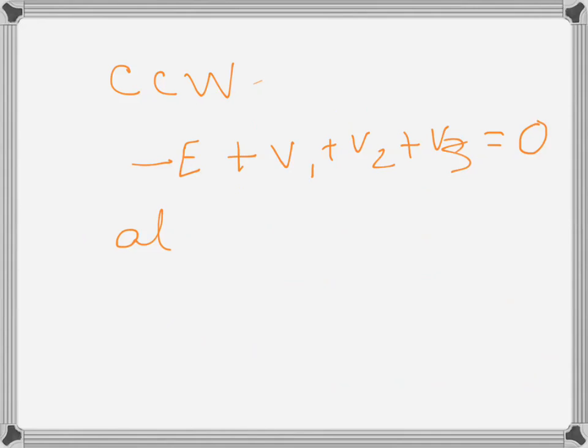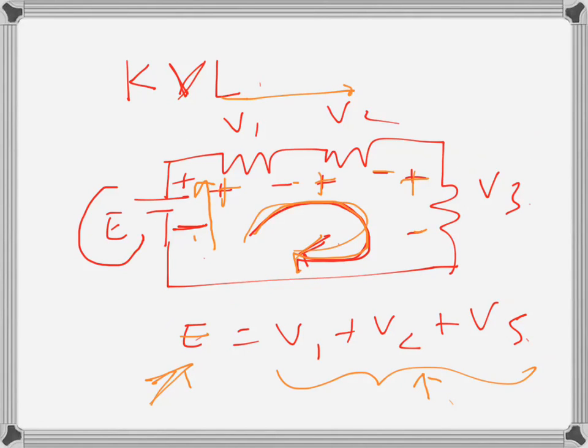One is that the algebraic sum of voltage drops is 0, or it can be said that the sum of voltage rise is equal to the sum of voltage drop. So both are basically the same thing. And this also comes from conservation of energy, because we know energy or work is QV. So the total energy has to be conserved in a circuit.